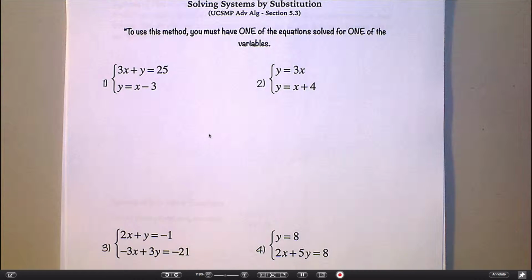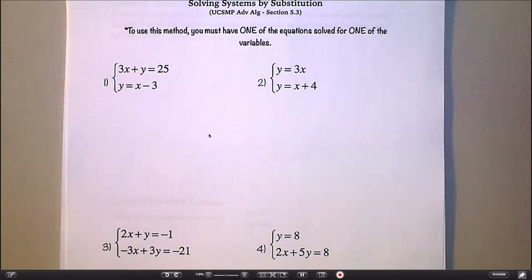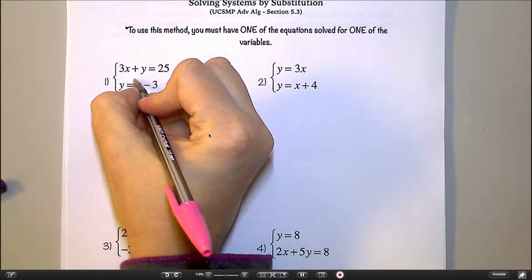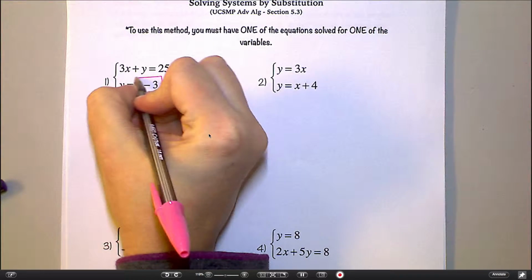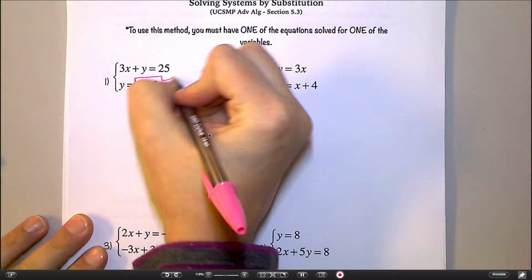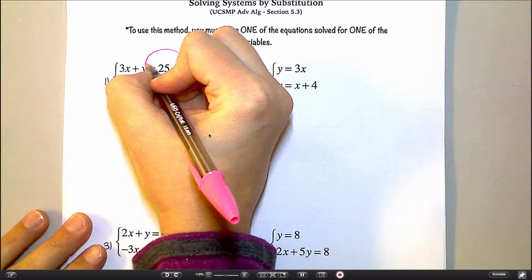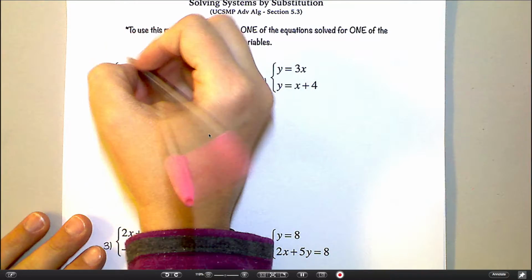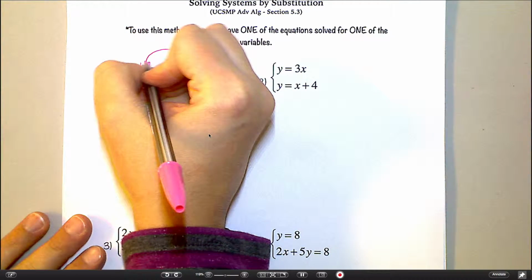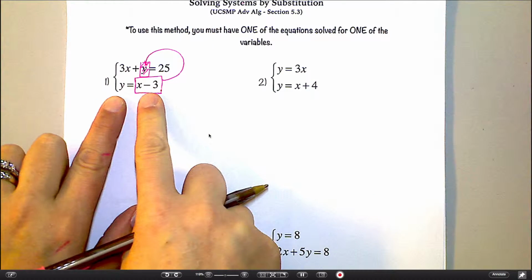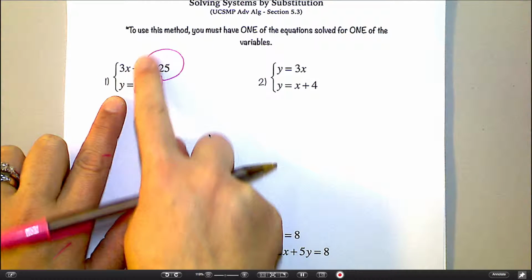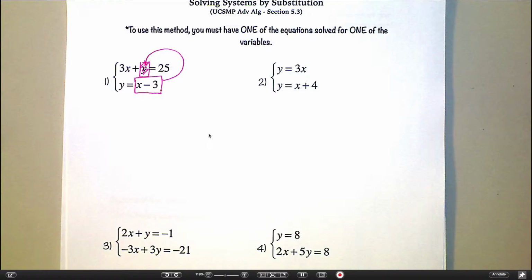So I'm going to take that bottom equation where I have y by itself, and I'm going to take what y is equal to, which is x minus 3, and I'm going to put it in place of y up here, okay? Because this is really saying that y and x minus 3 are the same thing, so I can just put this in place of y and it'll have the same value.